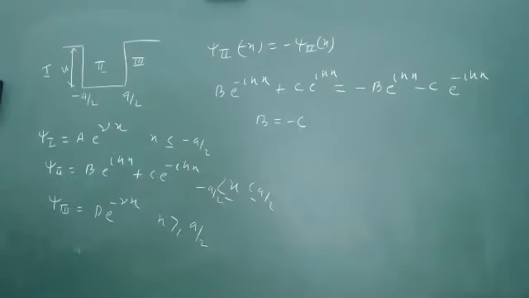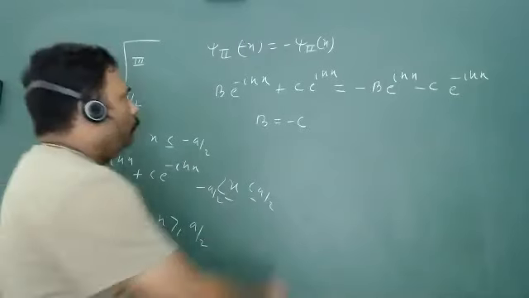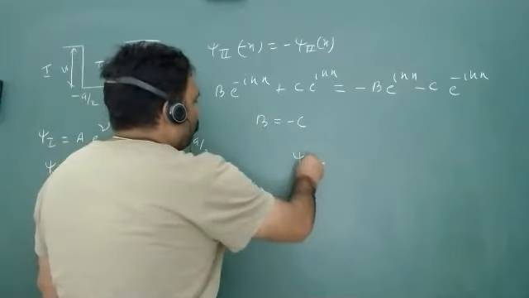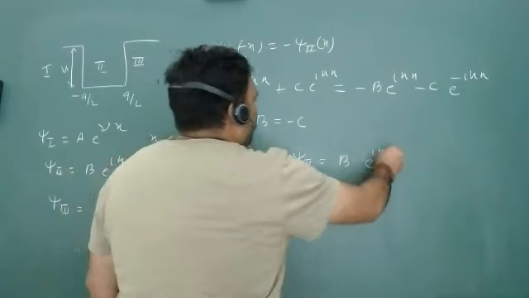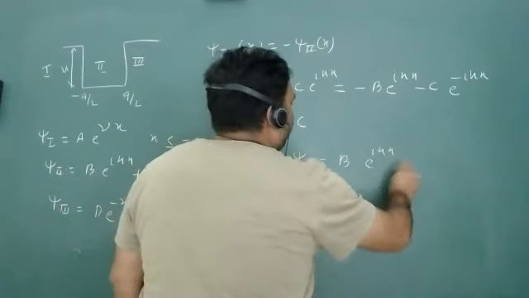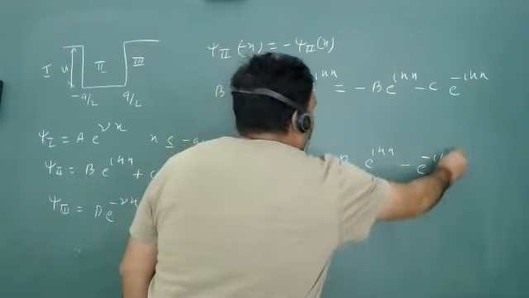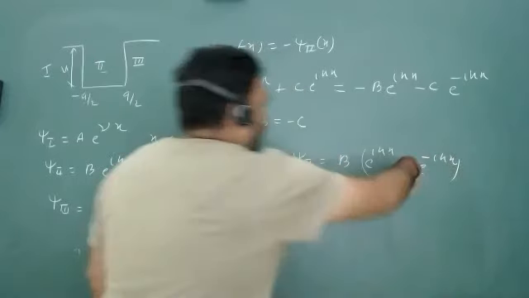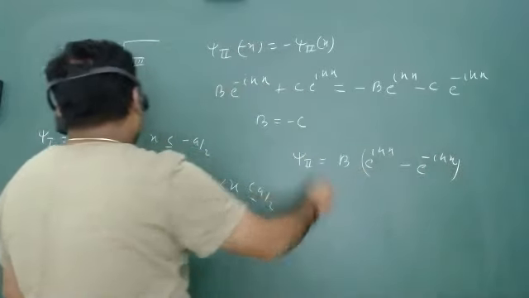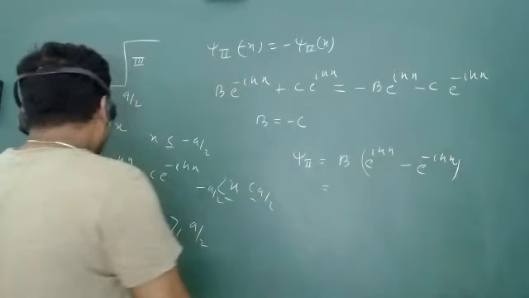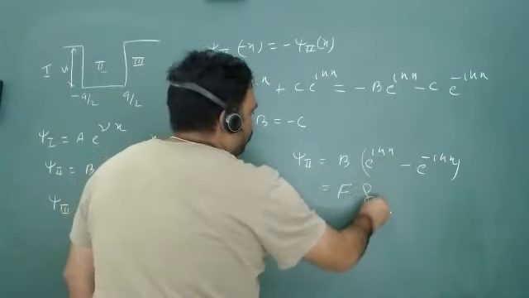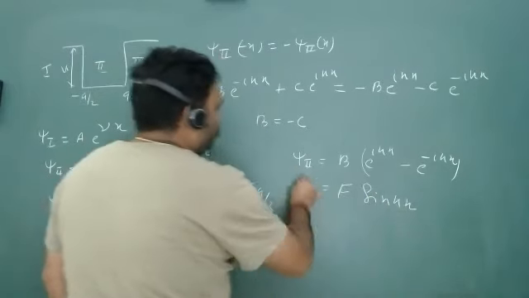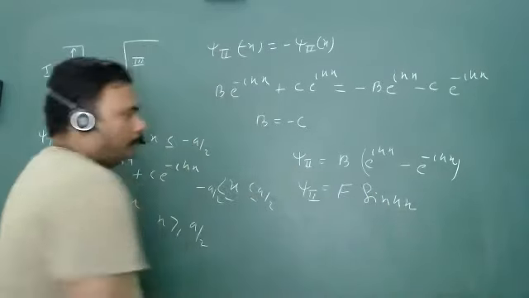B is equal to minus C. So we can write psi 2 as B times e to the power ikx minus e to the power minus ikx. We can write this whole thing as, let's say, F sine kx. So this is my psi 2.